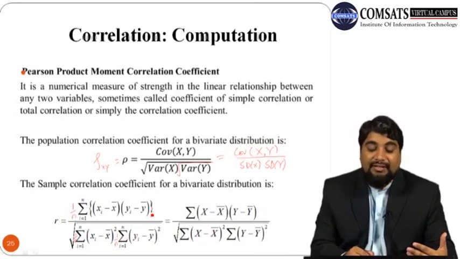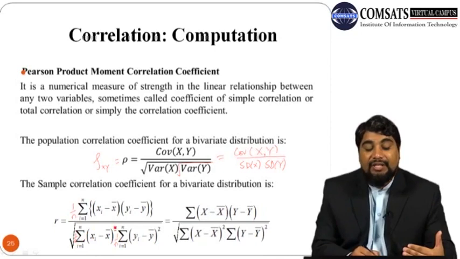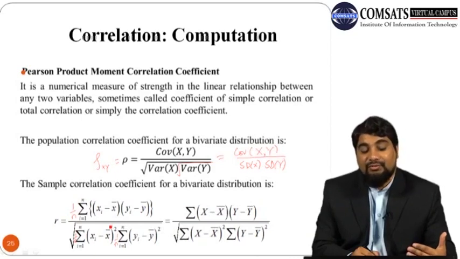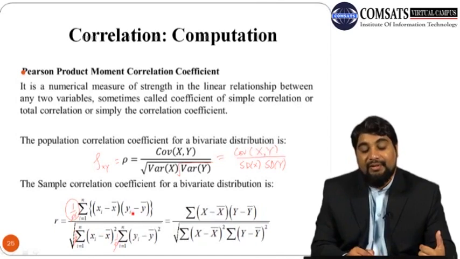To simplify, multiply 1 over n with 1 over n, it becomes 1 over n square. If you take this 1 over n square outside the square root sign, the square cancels with the square root, so we are left with 1 over n. That 1 over n cancels with the 1 over n in the covariance.